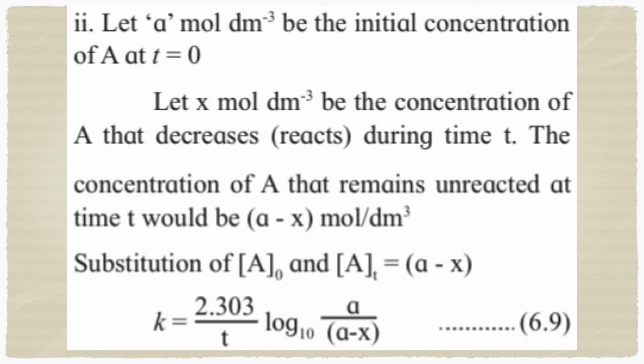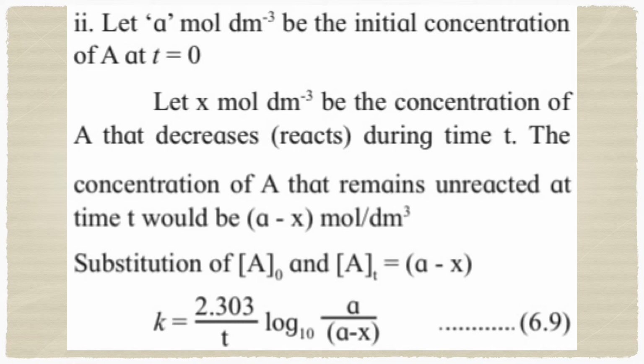Let x mol per dm³ be the concentration of A that decreases during time t. So the final concentration, that means the reactant which will be unreacted, will be a − x mol per dm³.